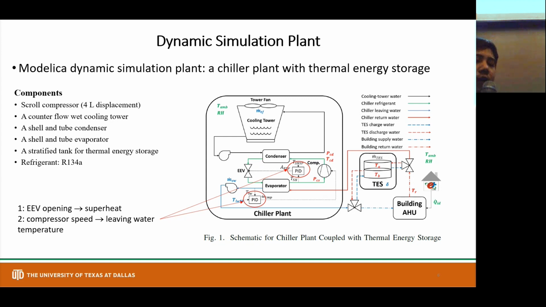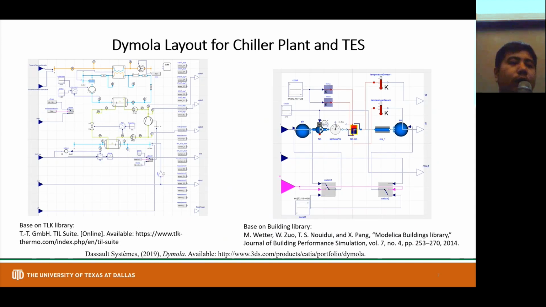The first one uses the EV opening to regulate the superheat, and the second one uses the compressor speed to regulate the evaporator leaving water temperature. There is a thermal layer for the subsystems, which are the chiller and the stratified thermal energy storage, based on the TIL library and Buildings library.